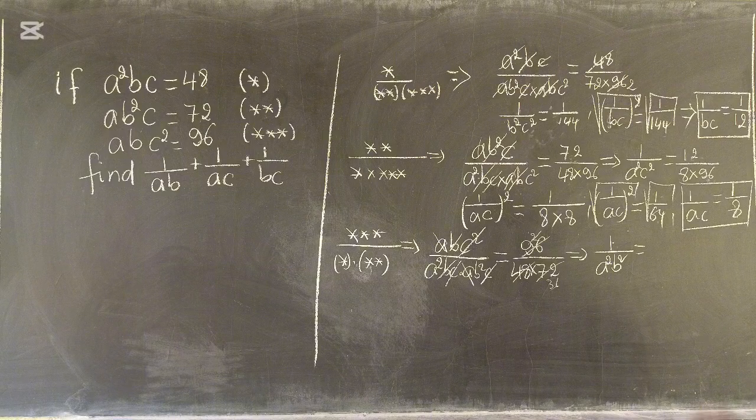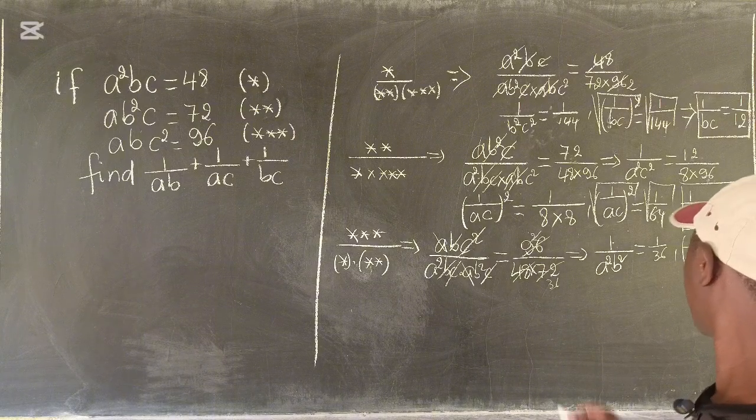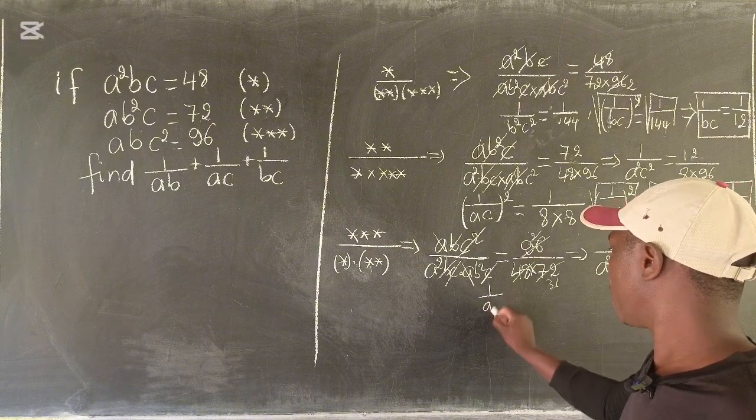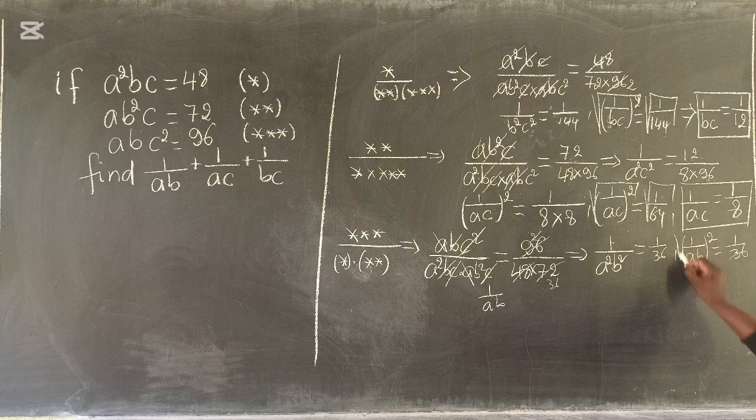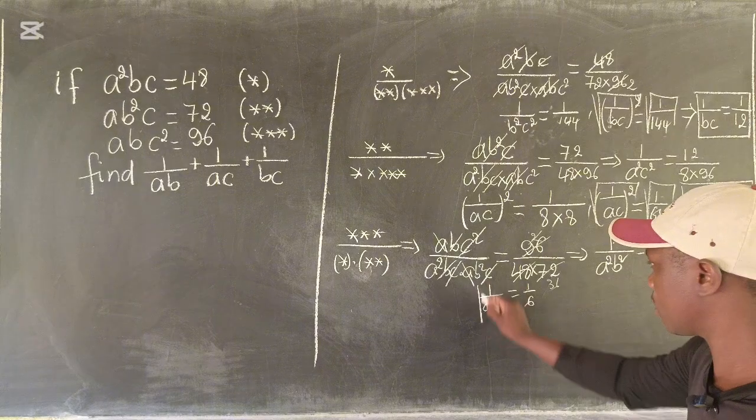This means you have 1 over 36. That is, 1 over (AB) squared is 1 over 36. Taking the square root, this is 1 over 6.